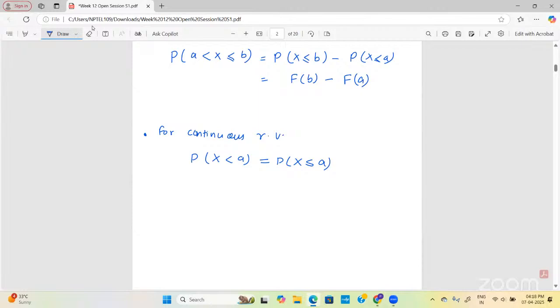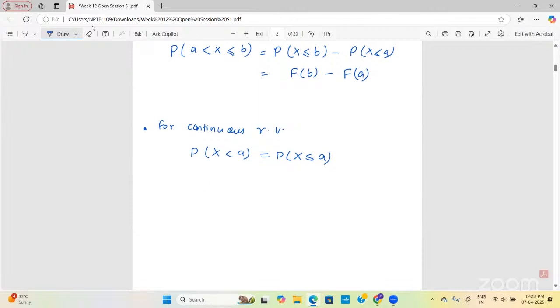So the probability x equals a will be zero, and these two probabilities are the same. Do you agree with this point?